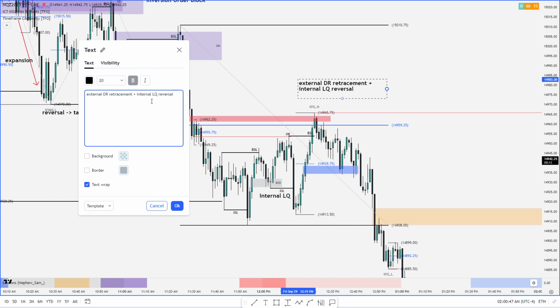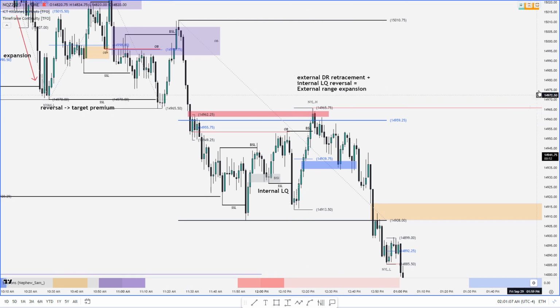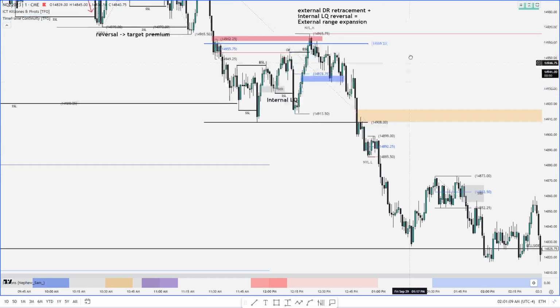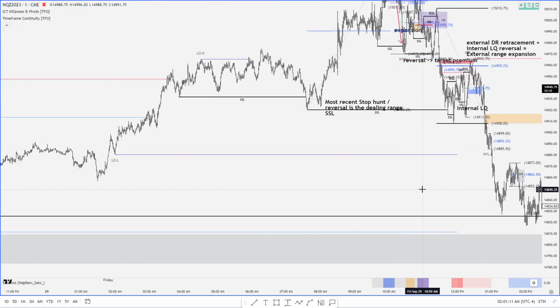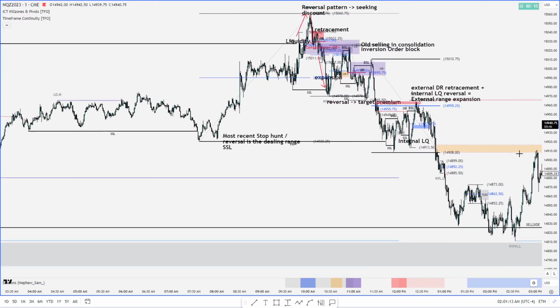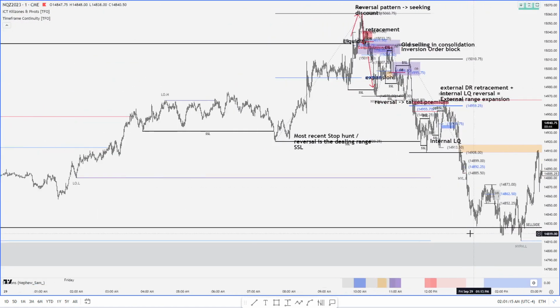External range retracement plus internal range liquidity reversal equals external range expansion, right? Because look how we expand now down into further sell side.